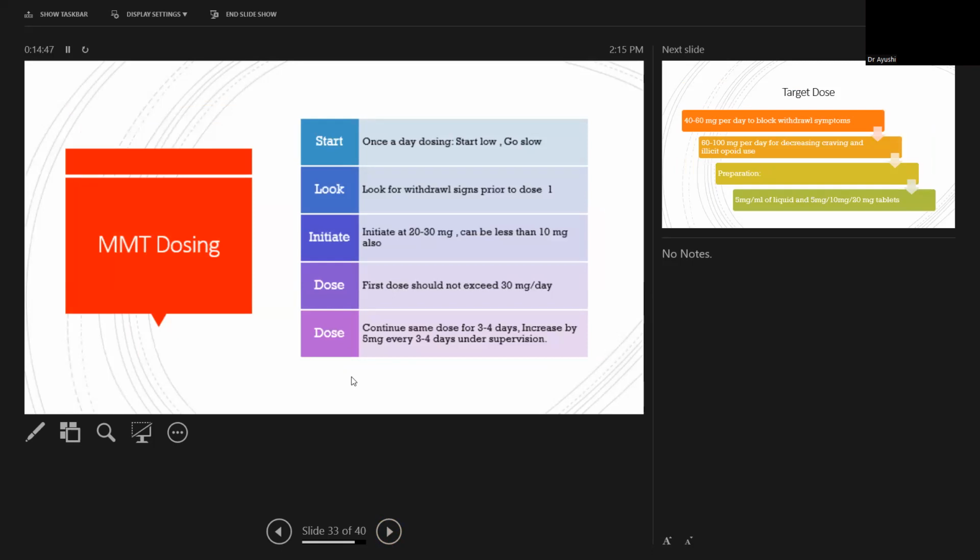Now, MMT dosing: we start with once a day dosing. We start low and we go slow. We will look for withdrawal signs prior to dose 1. We initiate at 20 to 30 mg. It can be less than 10 mg also. The first dose should not exceed 30 mg per day. We continue the same dose for 3 to 4 days, and we increase by 5 mg every 3 to 4 days under supervision.